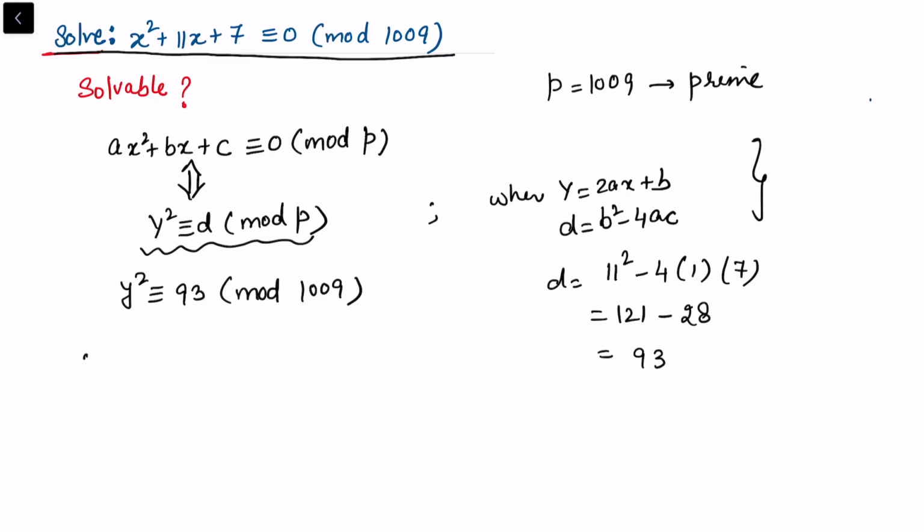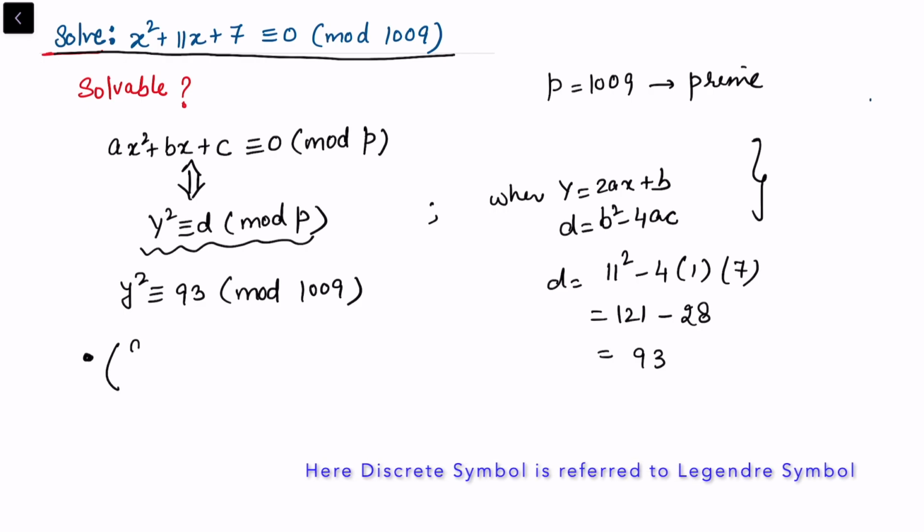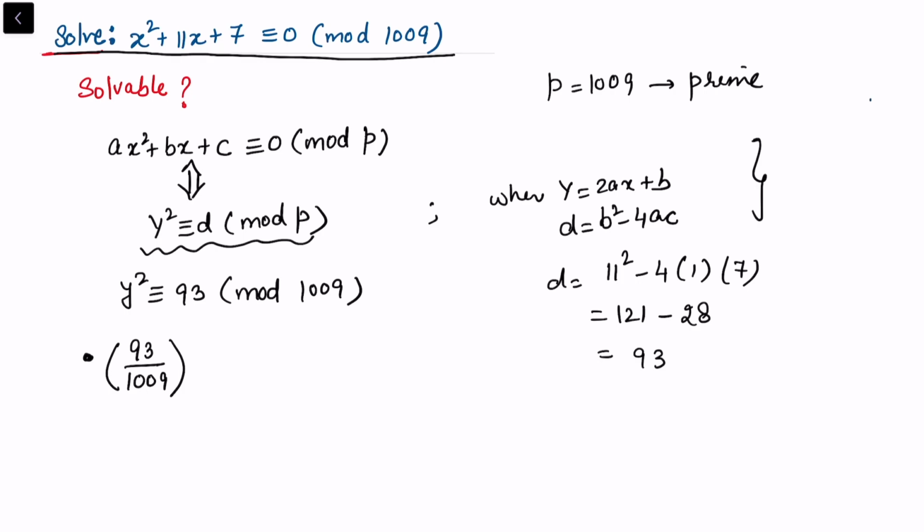So in the language of the Legendre symbol, what do I need to know? 93 by 1009, whether this is solvable or not, or whether this value is plus 1 or minus 1. If it is plus 1, that means 93 is a quadratic residue, so we may call this a quadratic residue mod 1009.